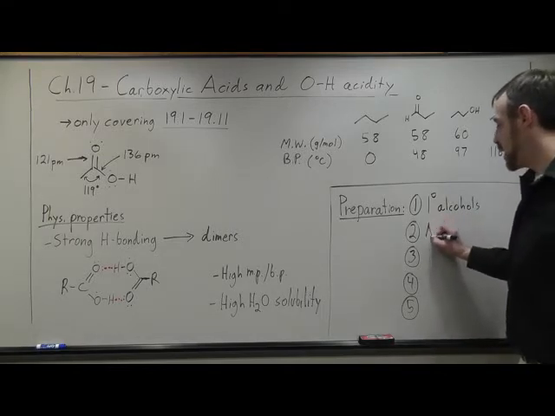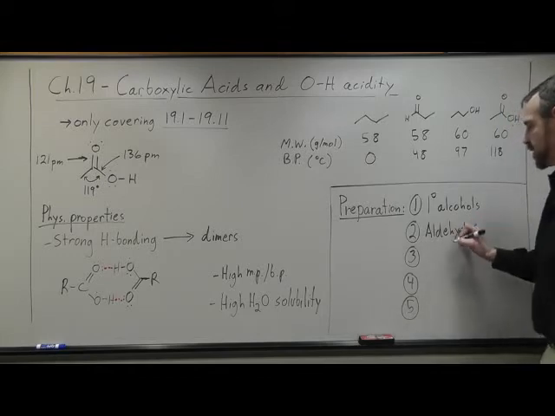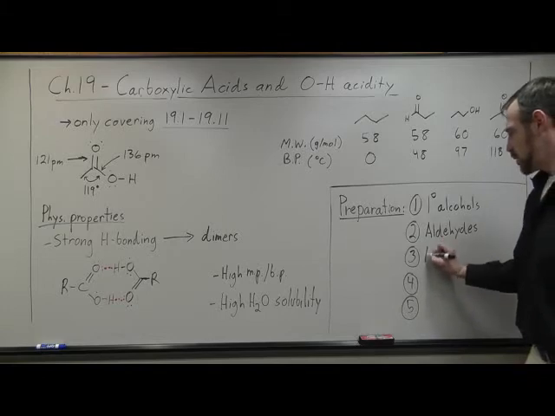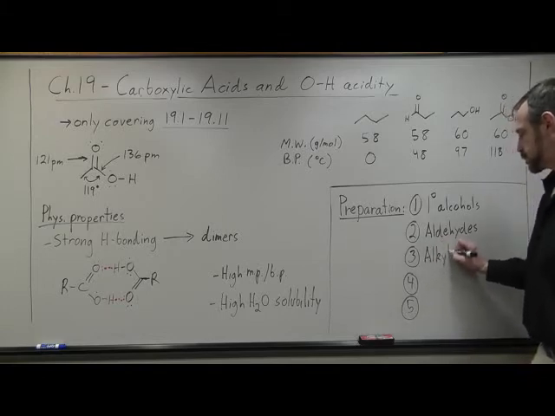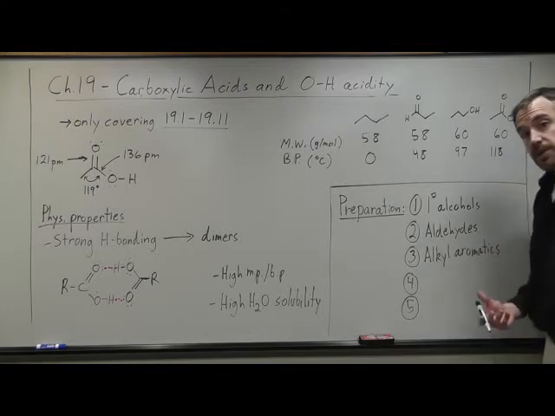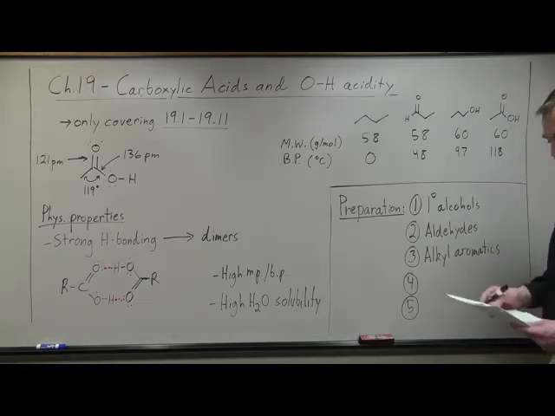From aldehydes, again, this is chromic acid oxidation. From alkyl aromatics. So for example, like toluene or ethylbenzene can be used to make benzoic acid in a reaction.